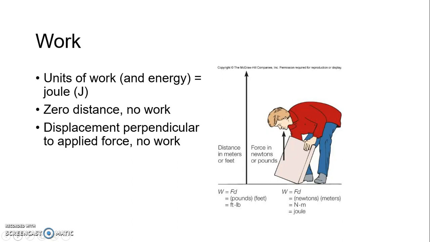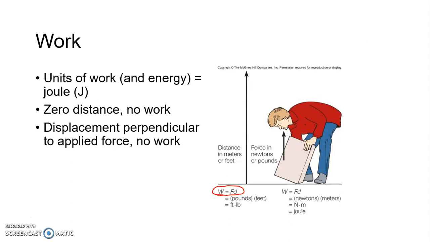Now, there's an important point to make here. That point is, what happens if the total distance the object moves is 0? Well, if that's the case, then following our equation, work equals force times distance. If the distance is 0, then no work is done.